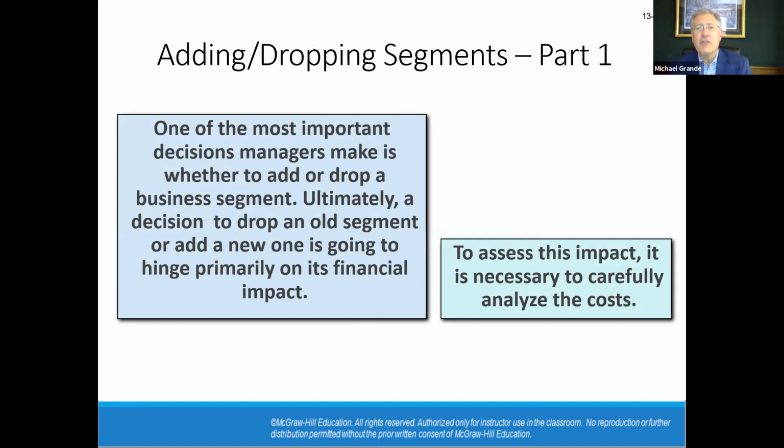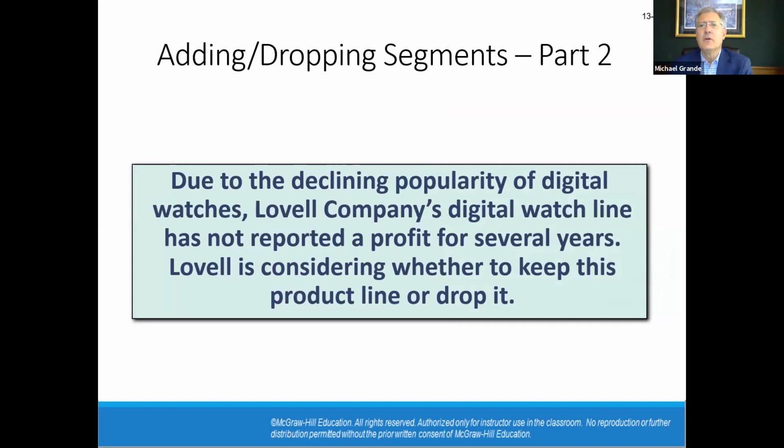Ultimately, a decision to drop an old segment or add a new one is going to hinge primarily on its financial impact. To assess this impact, it's necessary to carefully analyze the costs. Due to the declining popularity of digital watches, Lovell Company's digital watch line has not reported a profit for several years. Lovell is considering whether to keep or drop this product line.